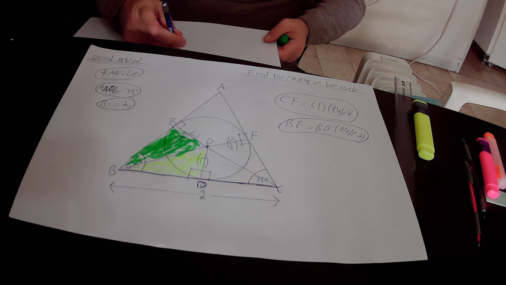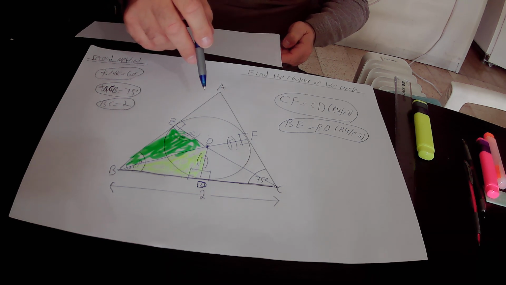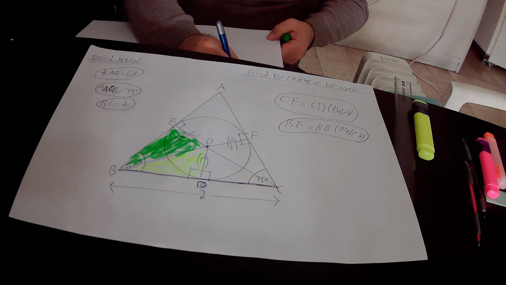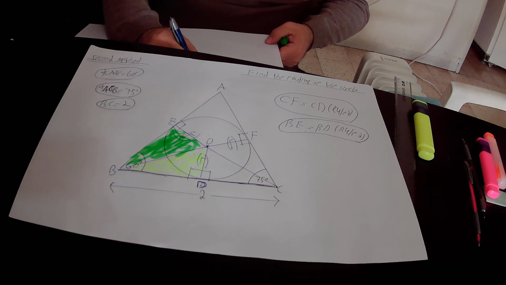So, write it down. The yellow right triangle is triangle ODB. We prove that it's congruent to the green right triangle OEB.